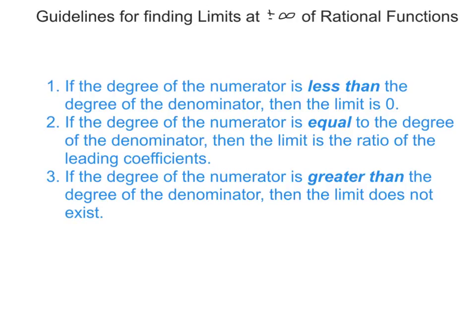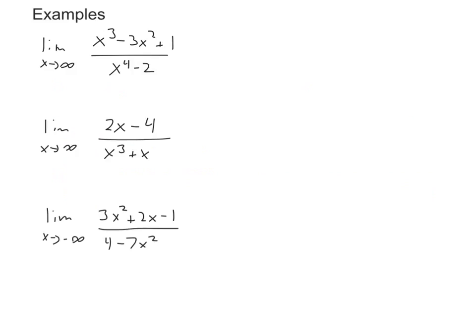Let's take a look at a couple of examples. In this first example, we're taking the limit as x approaches infinity of x cubed minus 3x squared plus 1 over x to the fourth minus 2. In this situation, the degree of my numerator is 3, because that's the highest power of x we see in the numerator.